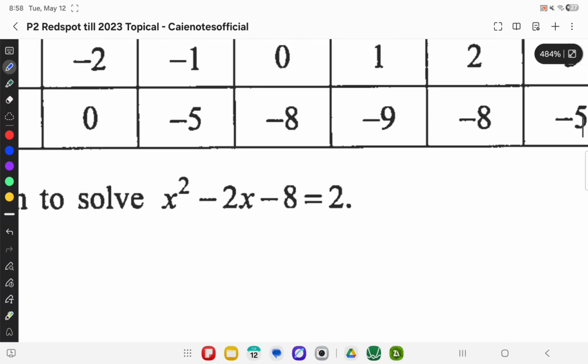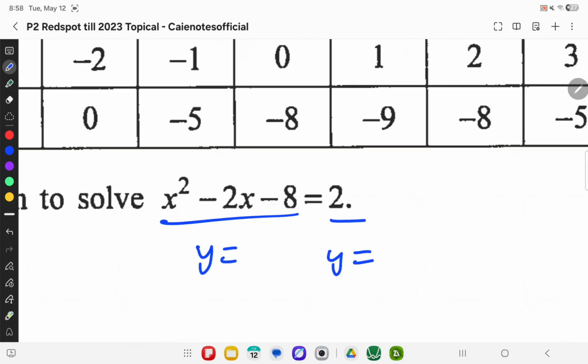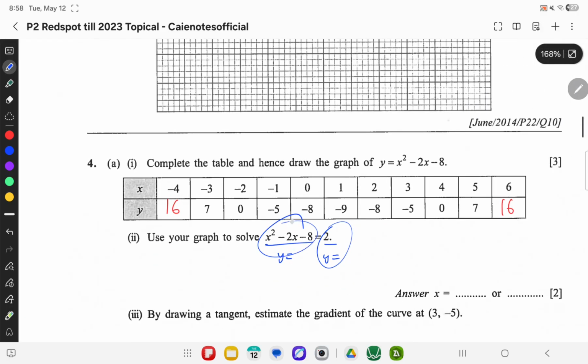Remember what I told you earlier. This is also an equation and this is also an equation. If we have this already on this side, then we can plot this to find the solutions of this equation instead.